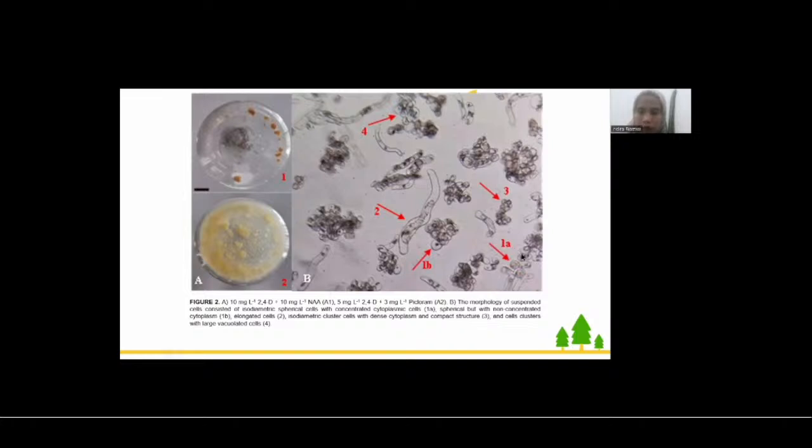You can see it's 1A, the round cell with concentrated cytoplasm, and this is 1B, round cell with non-concentrated cytoplasm, and this is the elongated cell. This is the cluster with round and compact structure, round cells. This is the cluster with large vacuoles.